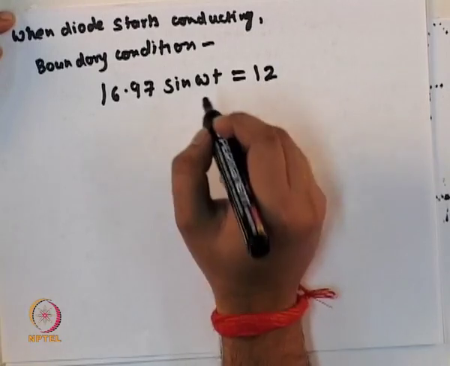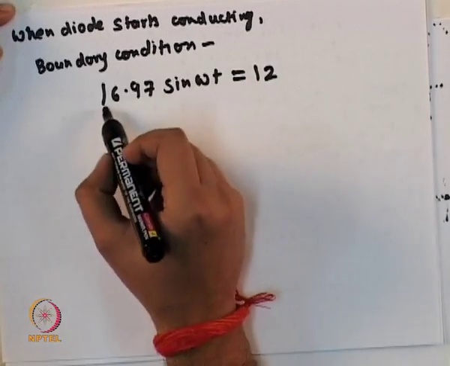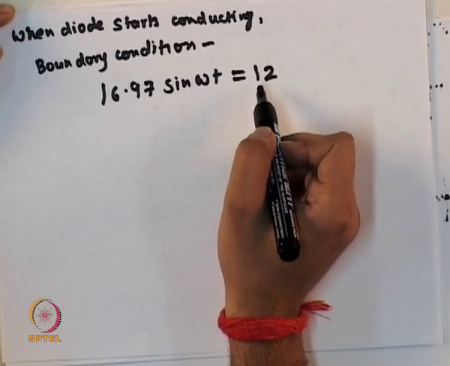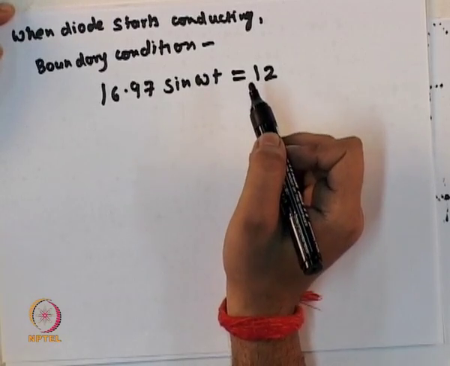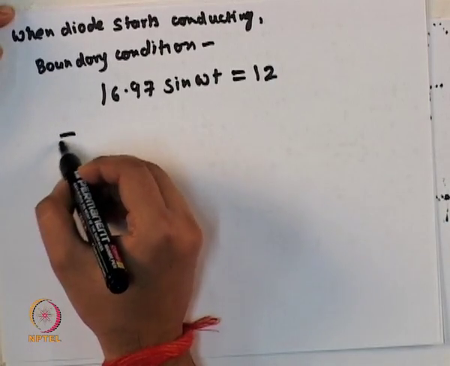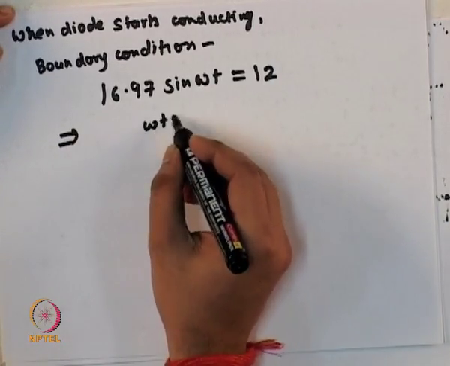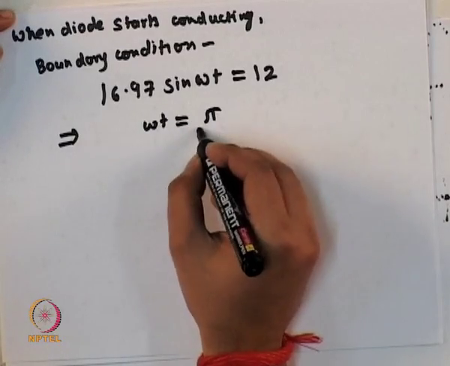When this value is greater than or equal to 12, the diode will start conducting because it will be forward biased. So from here we will get omega t equal to pi by 4.